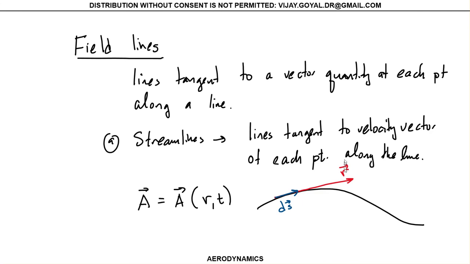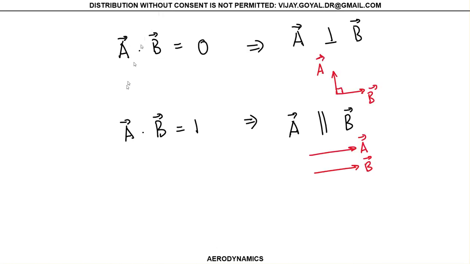And what you can show is that your ds is actually parallel to r. Okay, and if you just remember the vectors that are parallel to r, if you go a couple of slides back, you remember if I take the dot product and the dot product is equal to 0, I can show this.